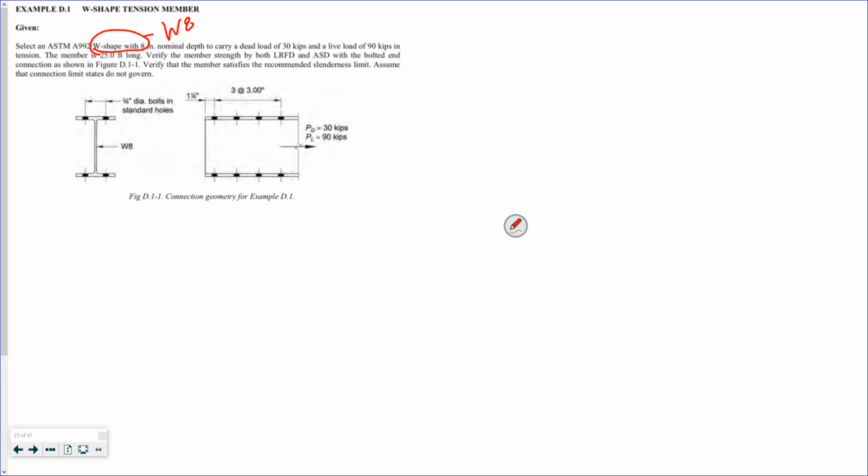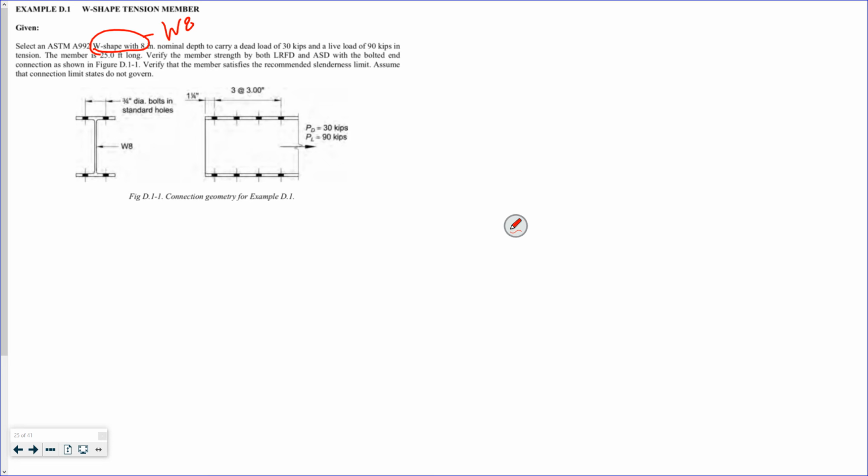Go to your page 2-48, which I hope you have tabbed. A992 at the bottom has an FY of 50 and an FU of 65. Right?